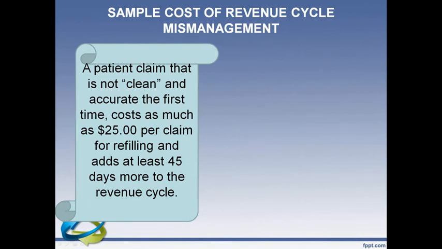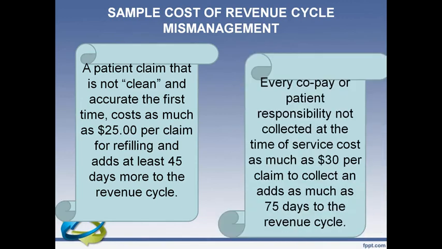From a patient's claim, when it's not clean, when it's not submitted the first time and paid correctly, it costs about $25 per claim to refile, and it adds about 45 more days to the revenue cycle. So you can see how significant and costly that is to the organization. We want to ensure that the claim is clean and sent out, and that you've got pieces in place to ensure that.